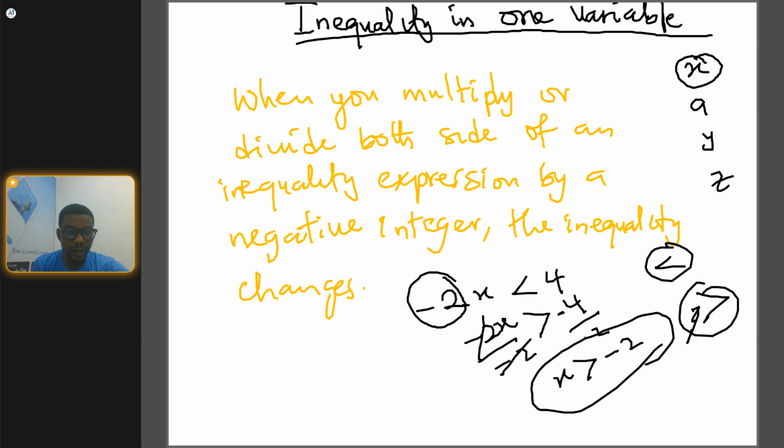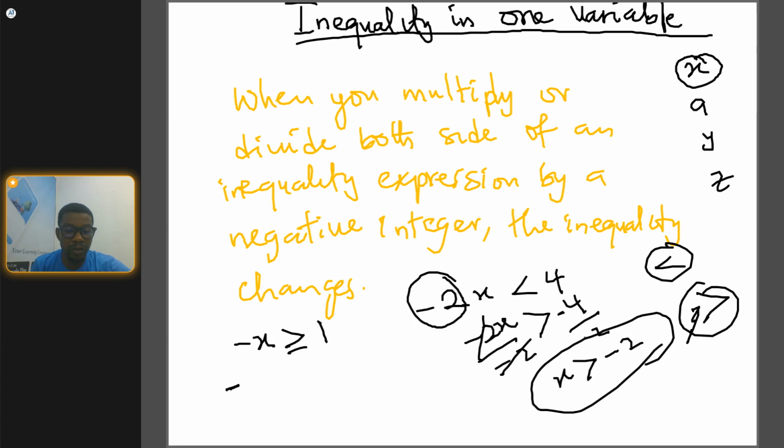Let's say we have minus x is greater than or equals to 1. Following this hint, if I multiply both sides by minus 1, which is a negative integer, the inequality sign must change.